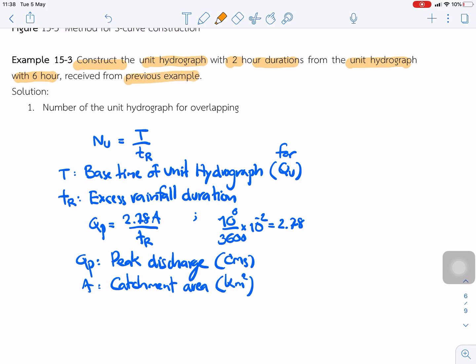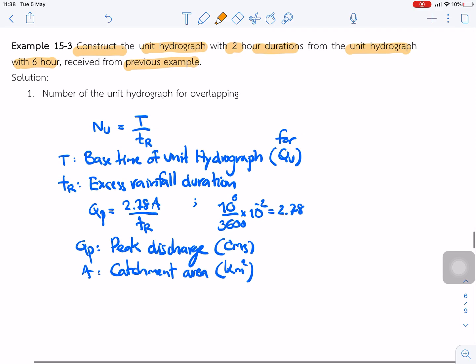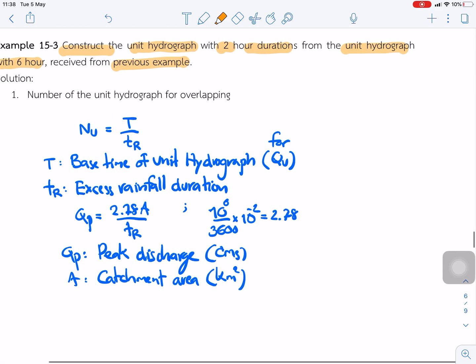First we find the number of unit graphs for the overlap. We don't need an infinite number, but we need the minimum number based on this equation.